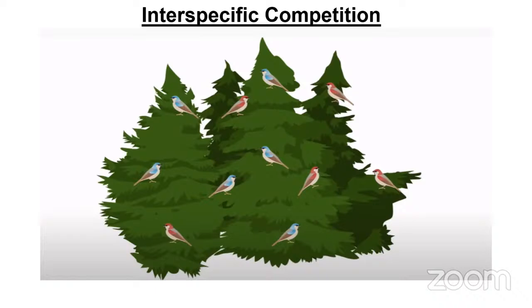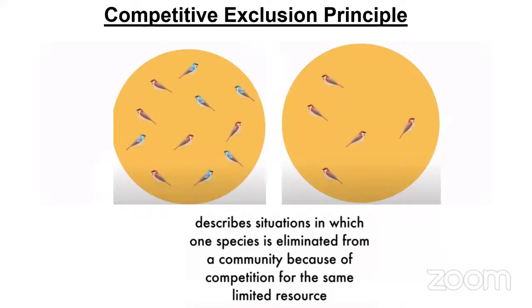So this will lead to a situation in which one species might get completely eliminated from a community because of competition for the same limited resource, because both species are dependent on the same tree for their survival.